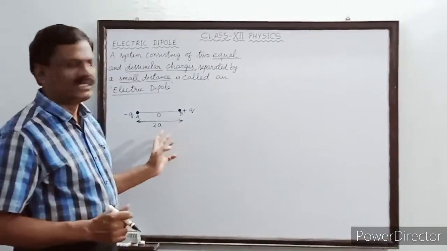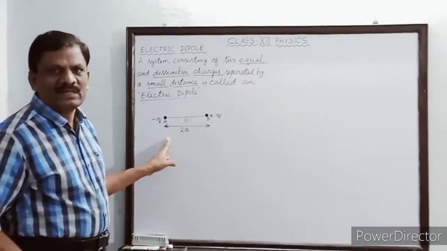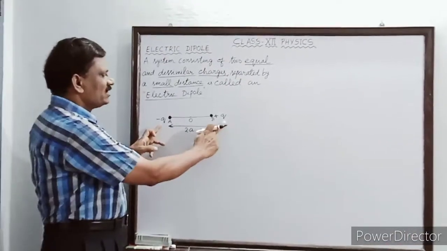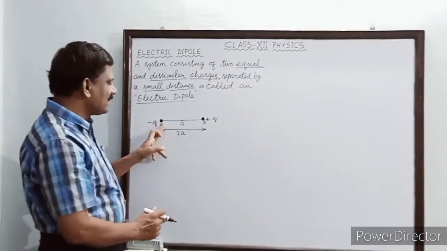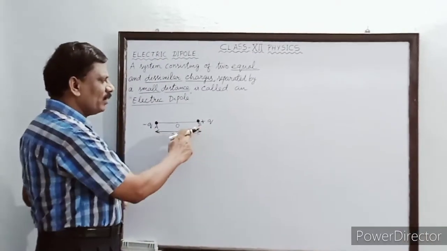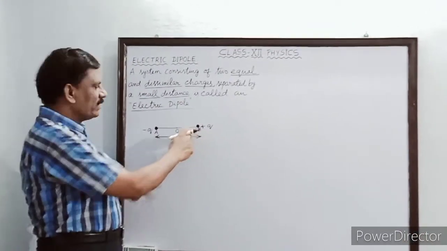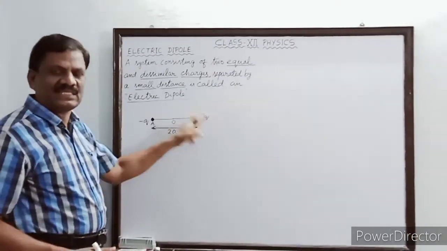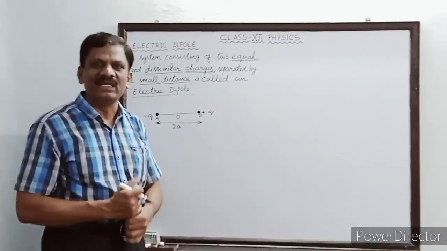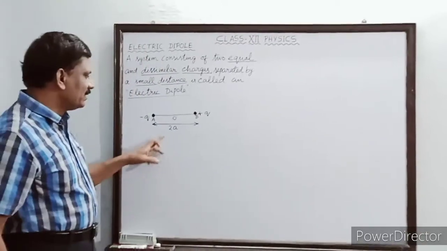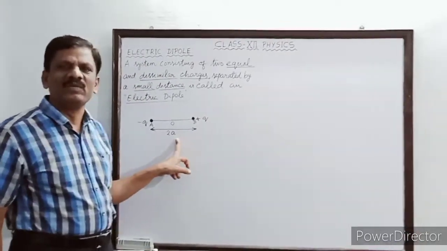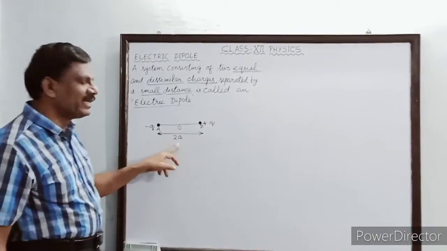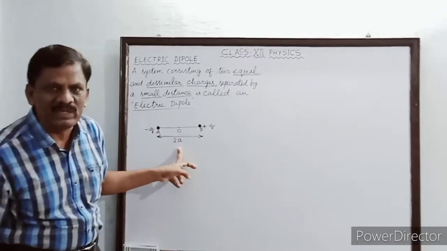So, look at the picture. A dipole consists of charge minus q placed at A and plus q placed at B, so that O is the midpoint of the line joining the two charges. Such an arrangement is called an electric dipole, and the distance of separation between the two charges making the dipole is given by 2a.